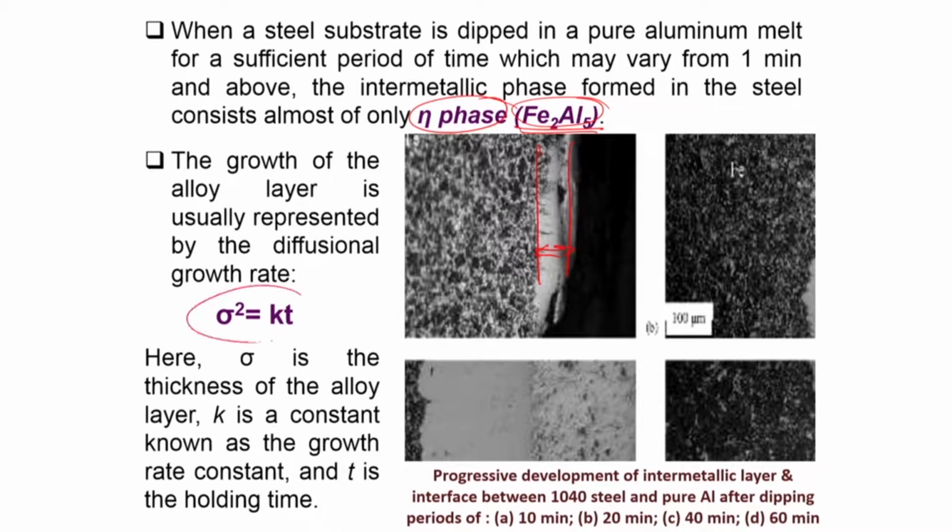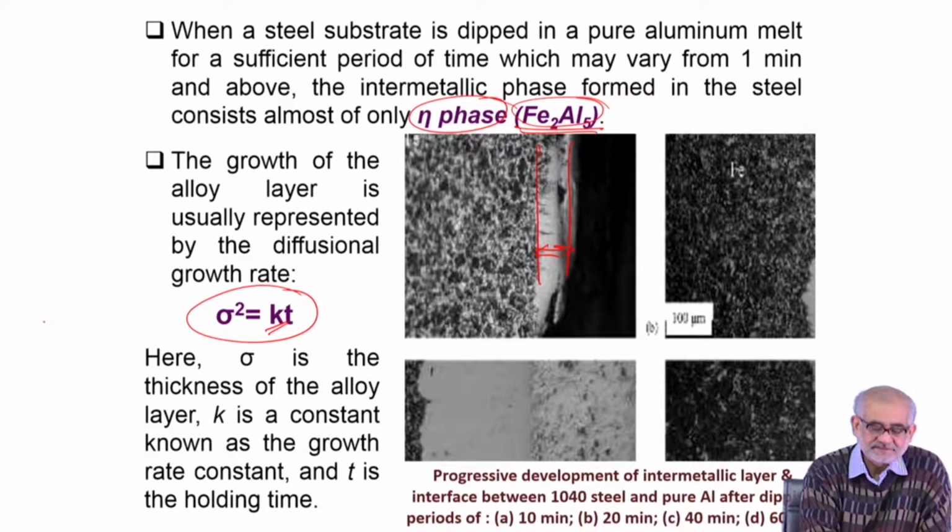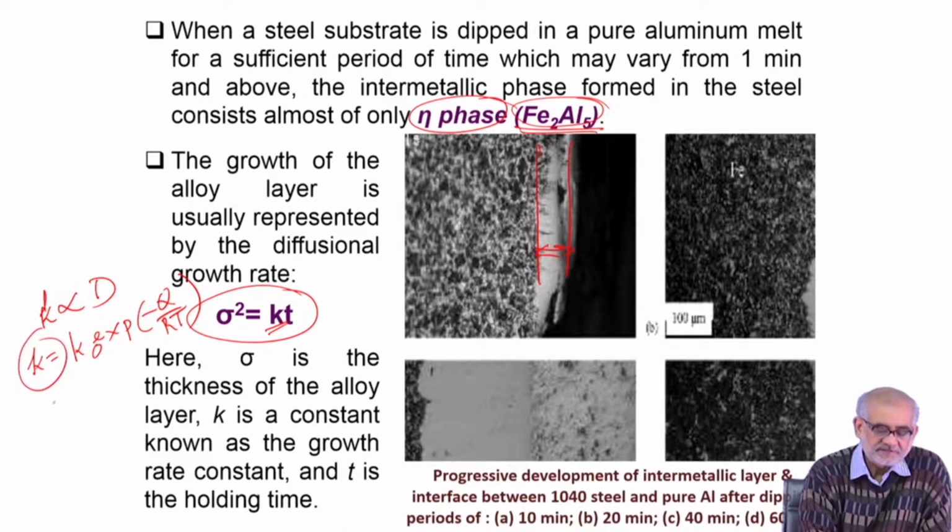The thickness of that layer essentially will depend upon the time at a given isothermal condition, and this K, the constant here, is actually proportional to the diffusion coefficient, and hence one can write this K also very similar to a diffusion coefficient equation and can determine the value of K at a given temperature.